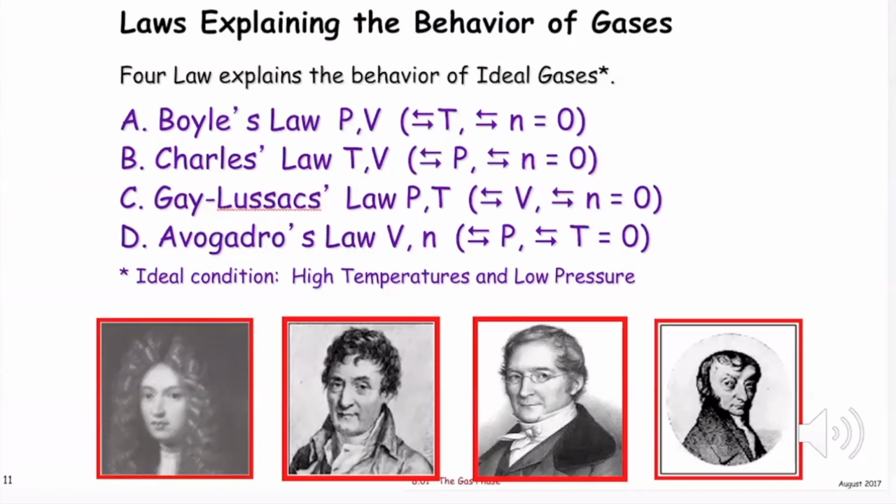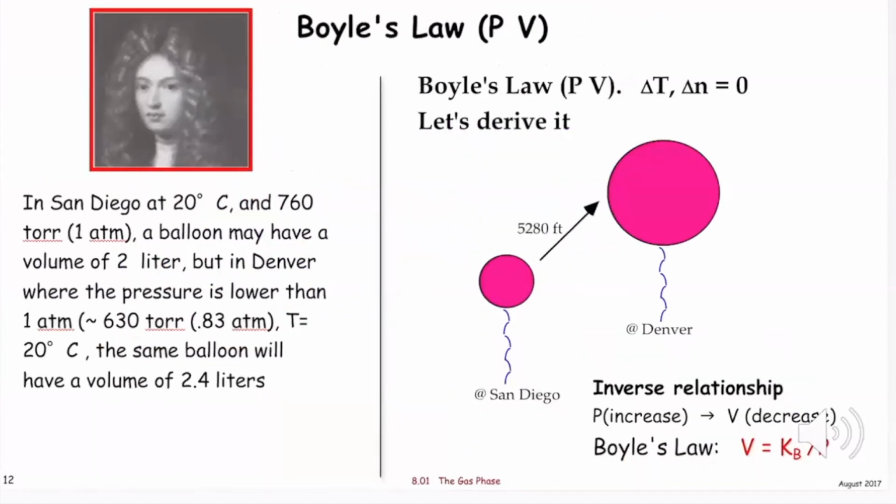But let me describe Boyle's law. And let me describe it in terms of what you already know. If you are in San Diego and you have a balloon, the balloon will have a certain size, okay? And then suppose you take that balloon and you're able to transport it to Denver, where it's a mile high. What happens is that in San Diego at sea level, you have a certain amount of pressure.